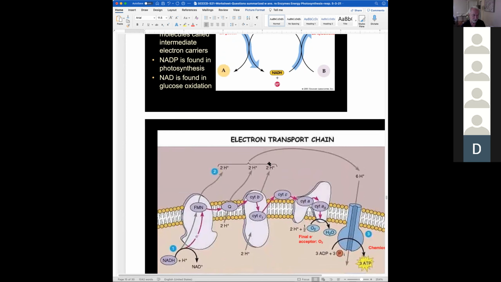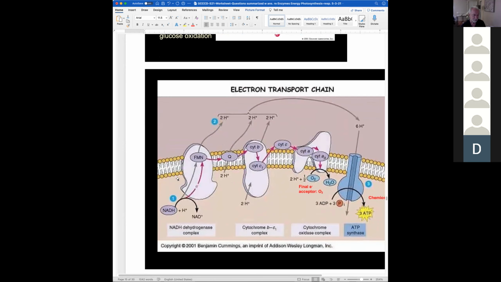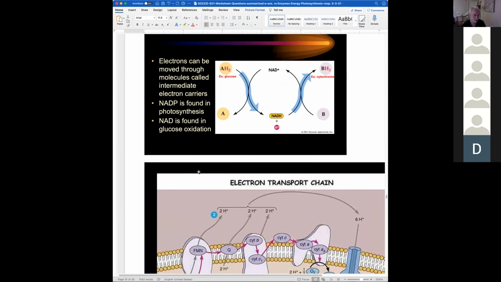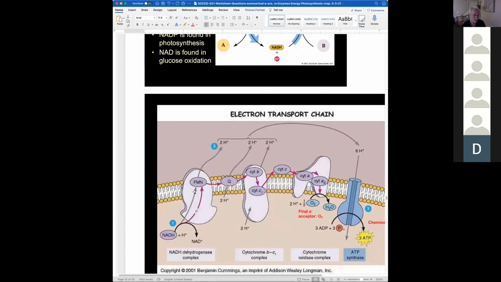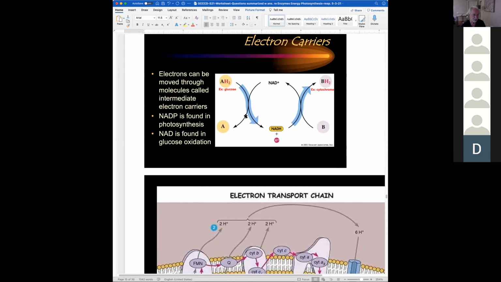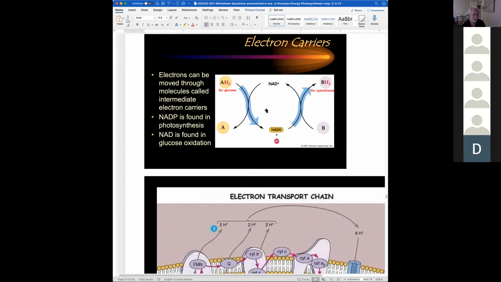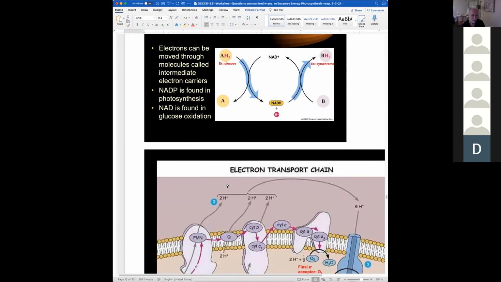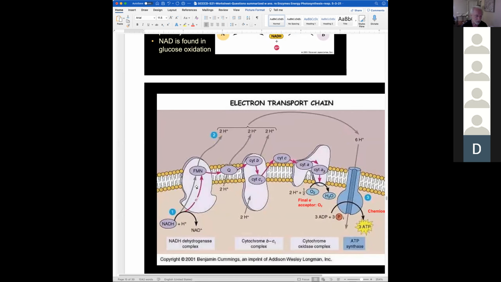If we look at the electron transport chain, which occurs within a membrane, there are these proteins within the membrane where electrons are transferred. Think of it this way: within every one of these proteins, you're getting electron carriers handing off electrons one to the other, from NADH here to a flavin, to something else, to cytochrome.